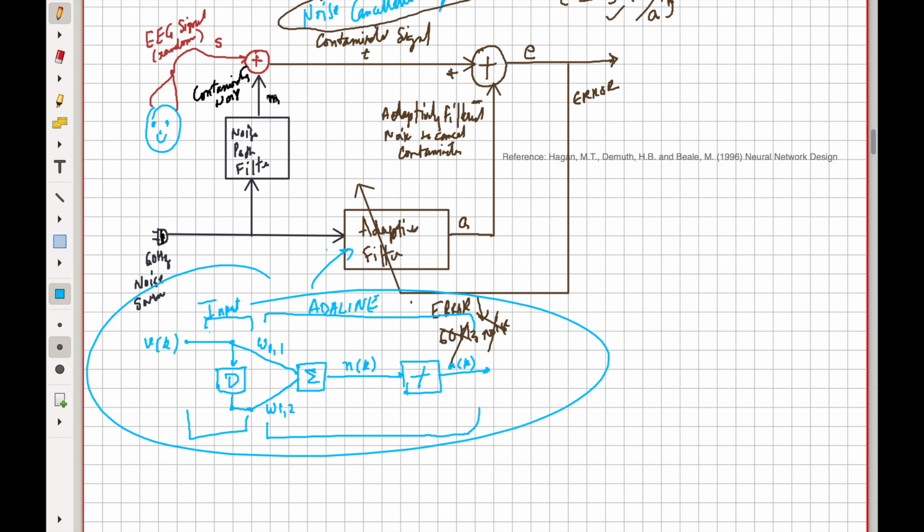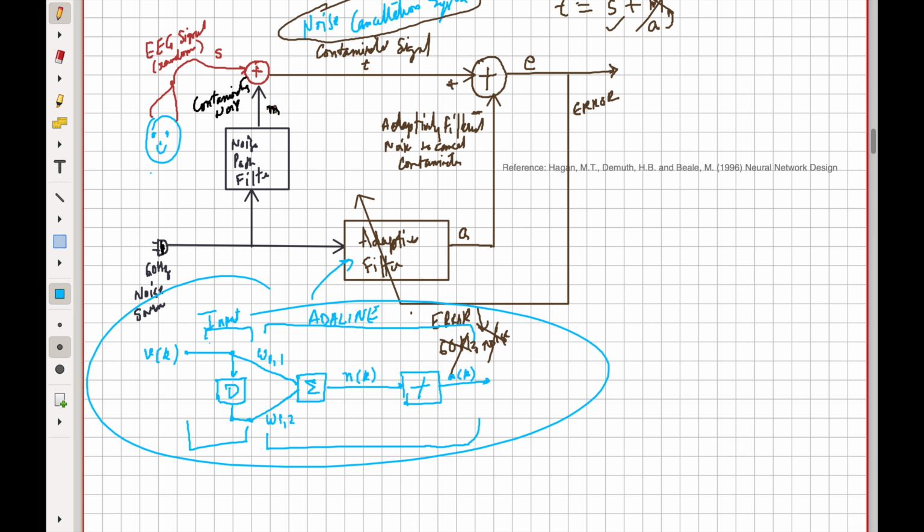Again, just to summarize this, what we have here is a person whose brain wave signal is SK. That is what we are trying to monitor. But the wall outlet creates an electrical noise down here, which we say is VK, and that passes through a hidden noise path filter, which is here, and that mutates into contamination MK, which contaminates the actual EEG signal.